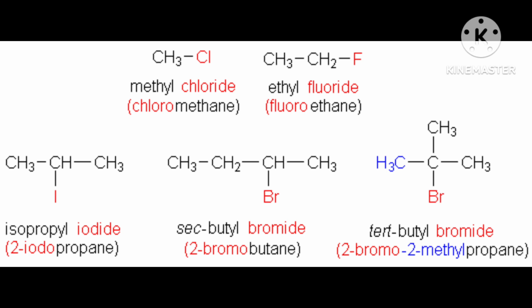One methyl group is attached, then 3 carbons. Then it will be tertiary. Always remember where bromine is attached, and the carbon where it is attached, that carbon is attached with how many? If it is attached with 3, then tertiary.